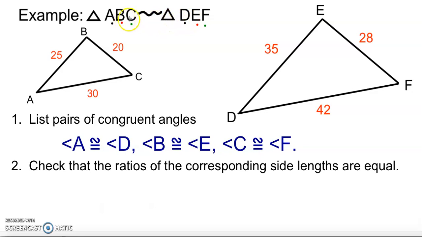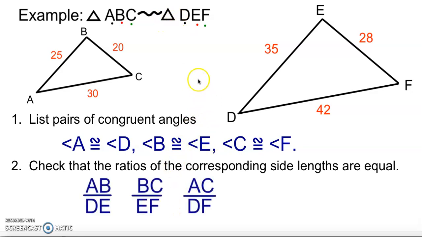Segment BC with the red and the green is going to correspond with segment EF. And then segment AC with the black and the green is going to correspond with segment DF. And that's then going to look like this. And because these are similar, the ratios are all going to reduce to the same number. So these ratios are all going to equal each other.